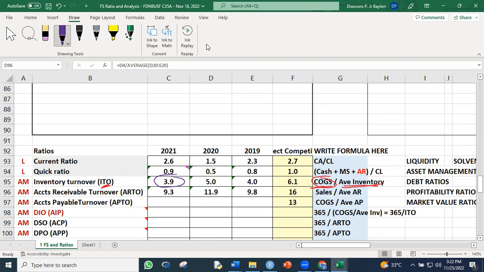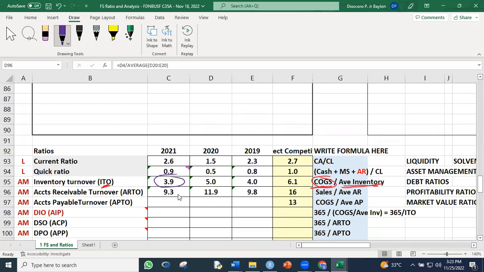In 2020, we were doing this around 12 times per year. In 2019, it was around 9.8, while in 2021, it went down to 9.3. It means we were slower in collecting on our receivables.